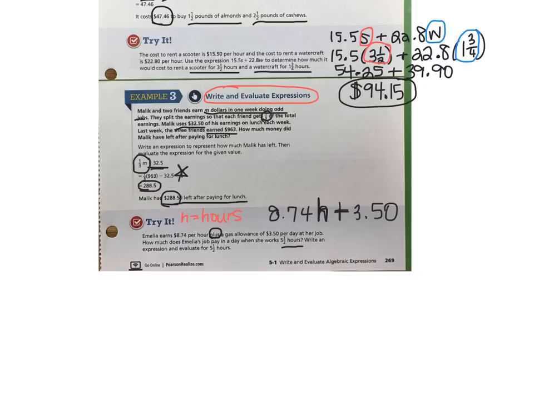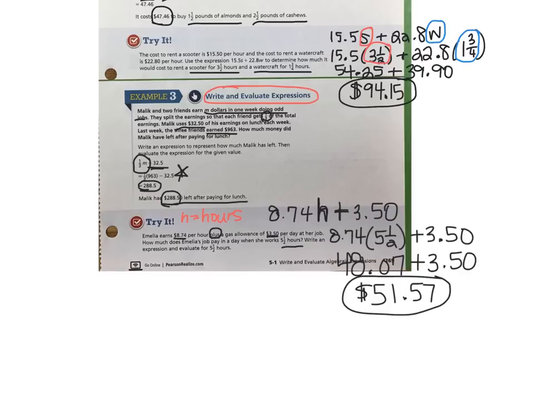So the money that she earns is an hourly rate, so we have to multiply that times the number of hours that she works. But don't forget that she also gets extra money for gas each day. That's the extra $3.50. Pause the video and evaluate your expression now for working 5½ hours to determine how much Amelia earns that day.